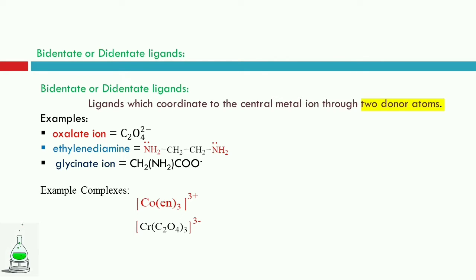Here we have some examples of complexes. In the tris(ethylenediamine)cobalt(III) complex, there are three bidentate ligands which coordinate to the central metal atom, that is cobalt. Similarly, we have one more example, a chromium complex, where the oxalate ligand is present.